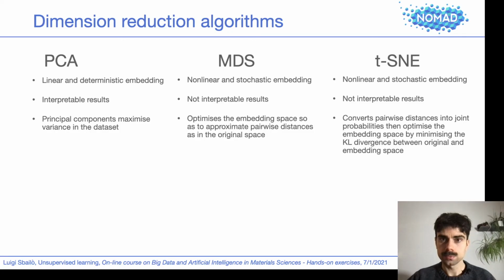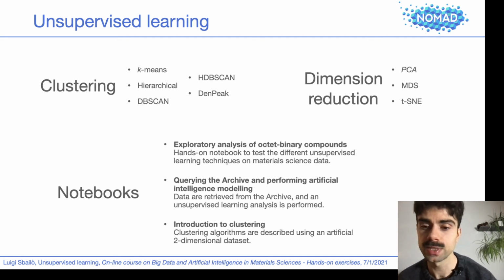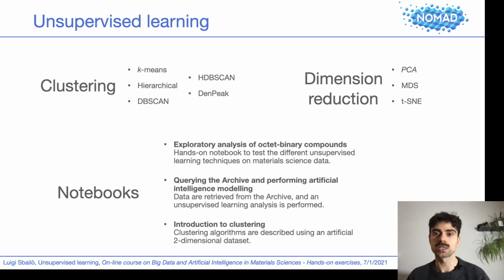So now, to conclude this introductory video: in this hands-on session, you're going to deploy a number of different clustering and dimension reduction techniques. The notebook you should start with, the one associated with this introductory video, is the exploratory analysis of octet binary compounds, where you can test these techniques.